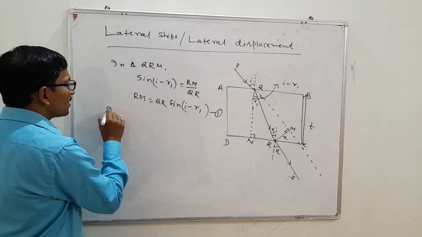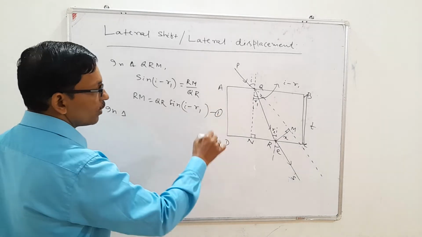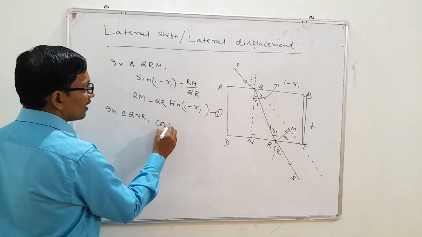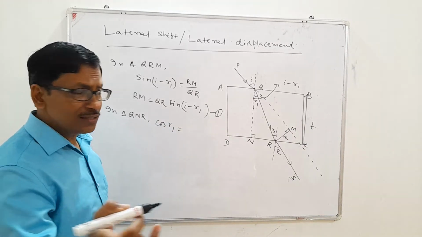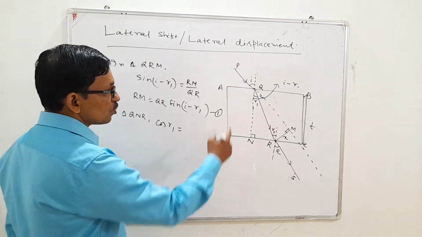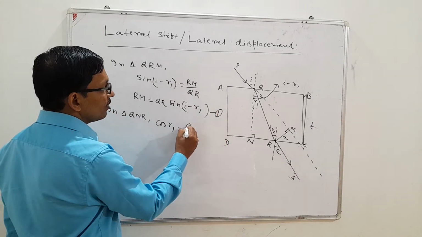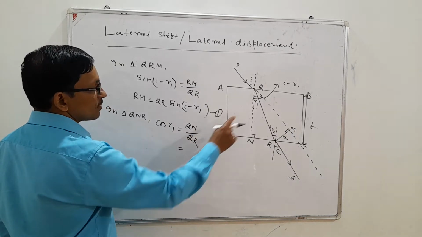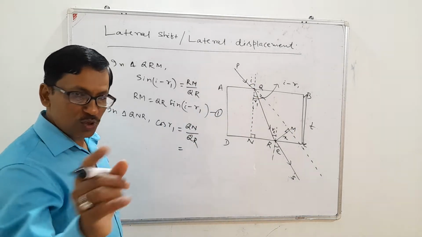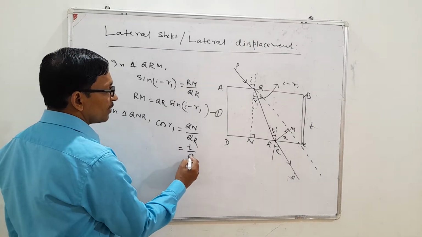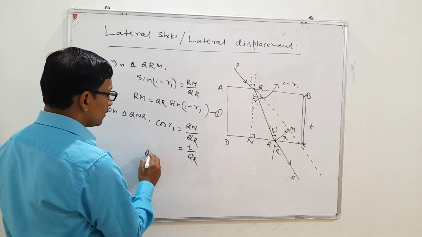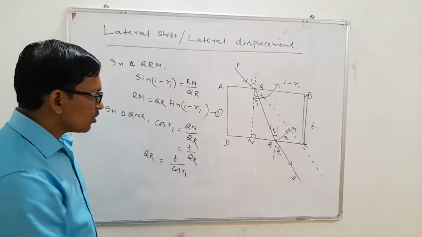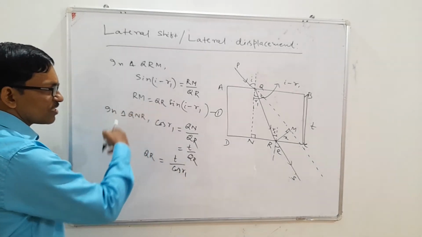Now see in triangle QNR, what is the value of cos R1? You know the trigonometry. So cos R1 is QN divided by QR. QN is nothing but the thickness of the glass slab. I have taken small t. So cos R1 is t divided by QR, so QR is equal to t by cos R1. Now I will put this value in equation 1.